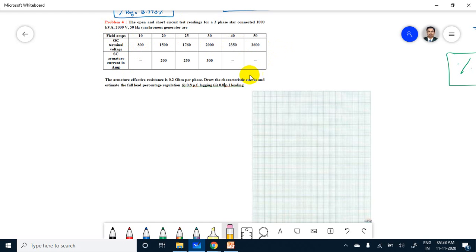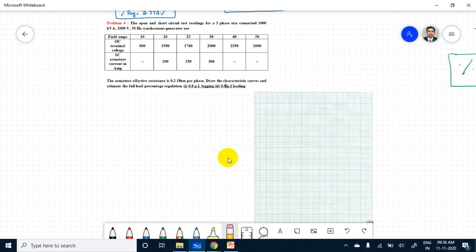These are the readings from the machine. The armature effective resistance is 0.2 ohms per phase. Draw the characteristic curve. Estimate full load percentage regulation for 0.8 power factor lagging, and 0.8 power factor leading. Can I proceed?